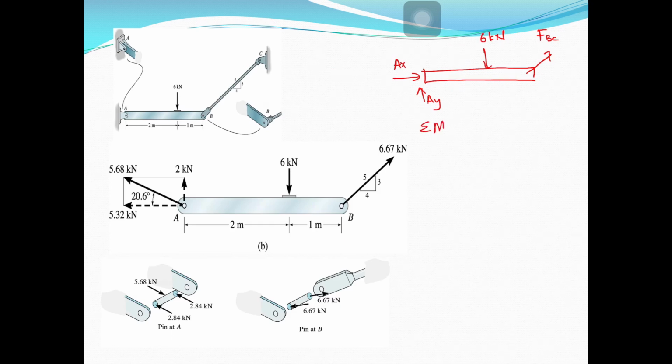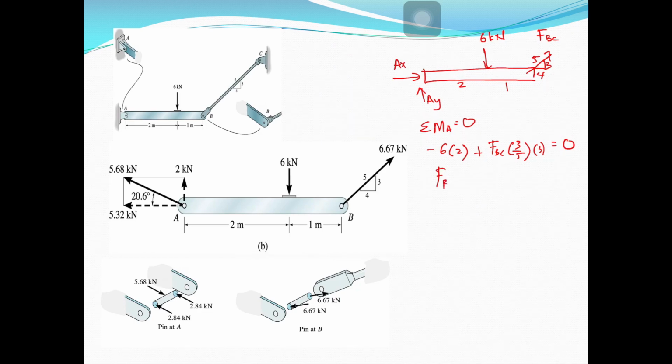So summation of moment at A equals 0. This one is 2, this one is 1. So minus 6 times 2. So 3, 4 and 5. Plus FBC times 3 over 5 times 3 distance equals 0.